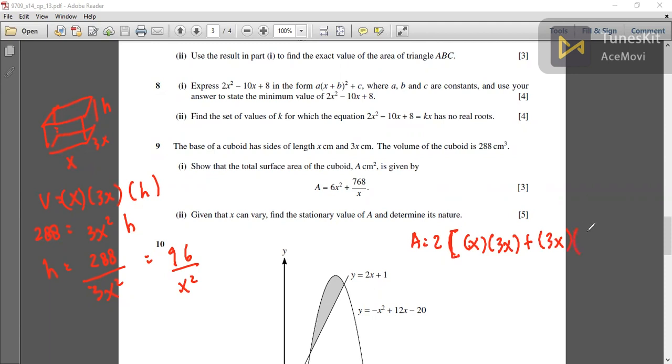The height is 96 over x squared, plus x times 96 over x squared. 2 times 3x squared plus, we can cancel this, got 96 over x plus 96 over x.